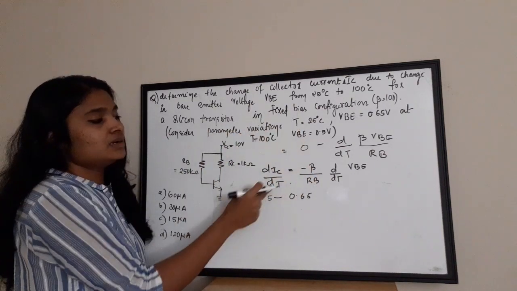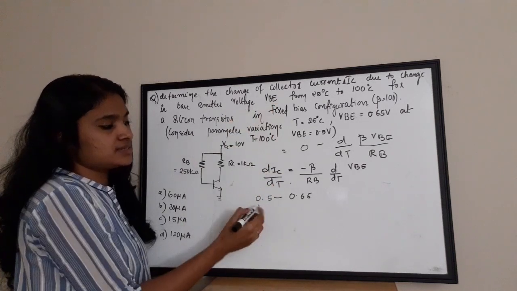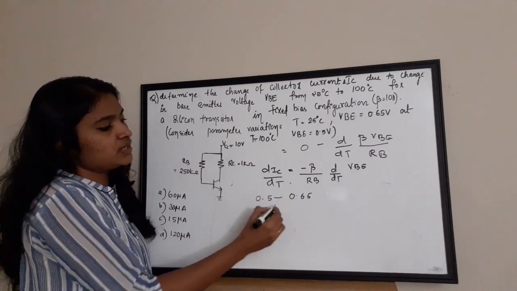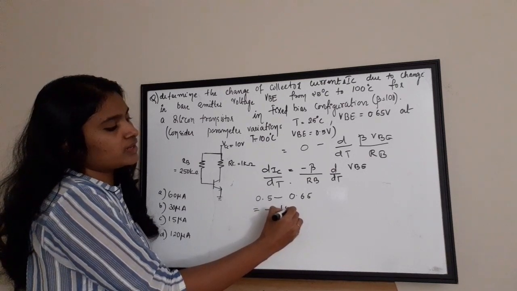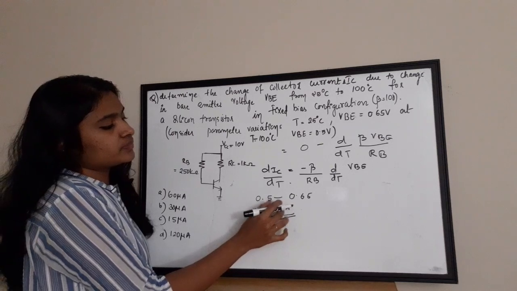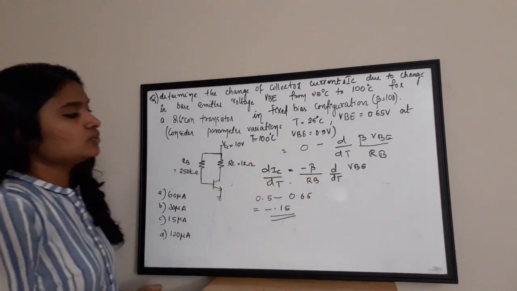The temperature, because it is changing with dt, as T is increasing, the value is decreasing. So it is a negative change. So minus, what is the value? Minus 0.15, right? This is a change. Now applying this d by dt to this side, what will you get?